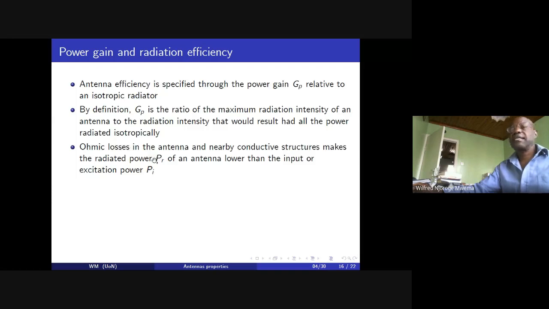And ohmic losses in the antenna and nearby conductive structures will make the radiated power PR of an antenna lower than the electrical power input, or the excitation power, which is just PI. And therefore, we can write that the input power to the antenna will be equal to the sum of the power lost, that is the power dissipated in the antenna system, plus the radiated power. And therefore, the power gain GP is going to be given by 4 pi K max over PI.